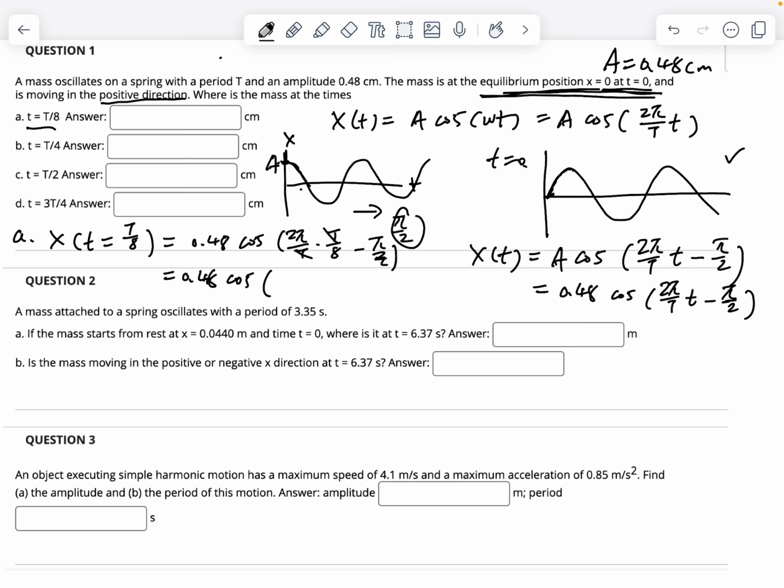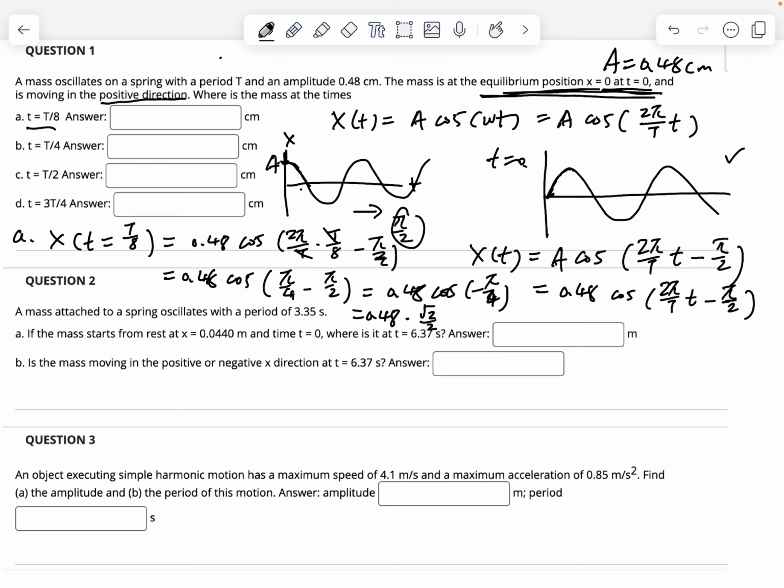T and T cancel, so you have 0.48 cosine of negative pi over 4. Pi over 4 is basically 45 degrees, so this equals 0.48 times square root of 2 over 2, so this will be 0.24 times square root of 2.